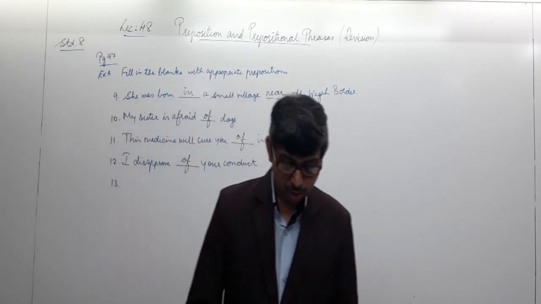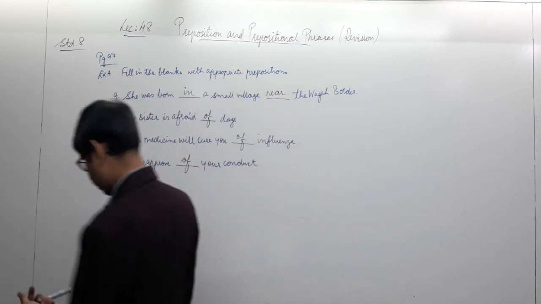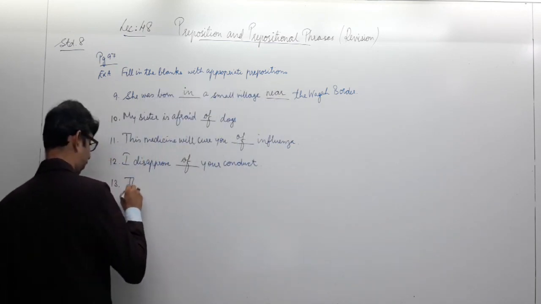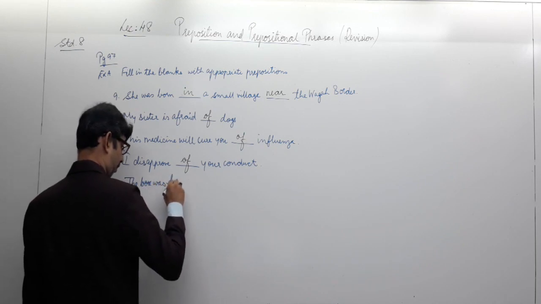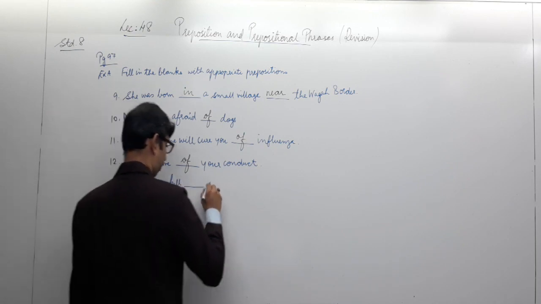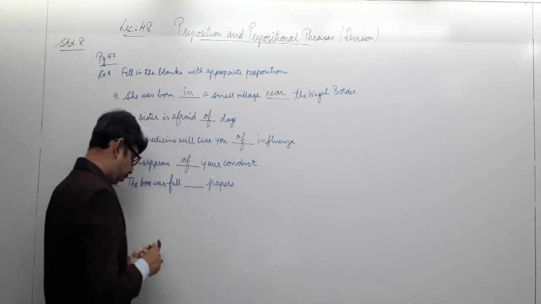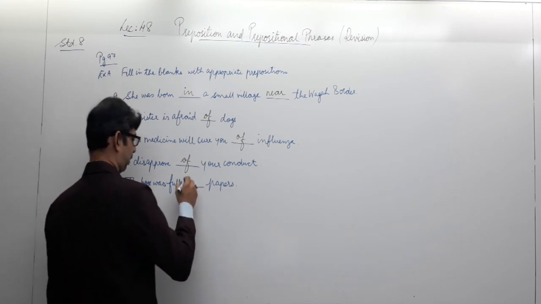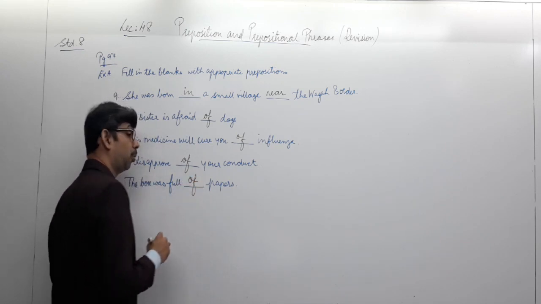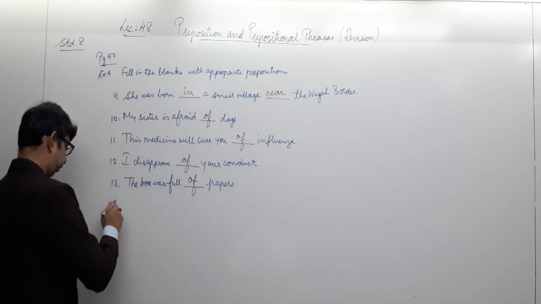Next sentence. The box was full dash papers. So the box was full of papers. Full of papers. So the word that we need to insert is the preposition of.